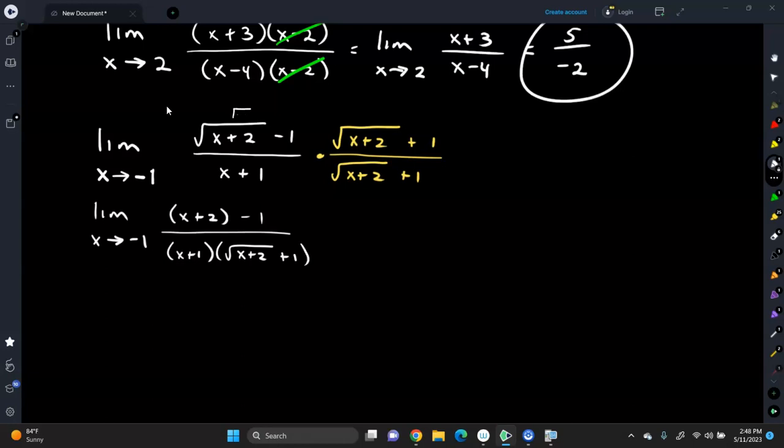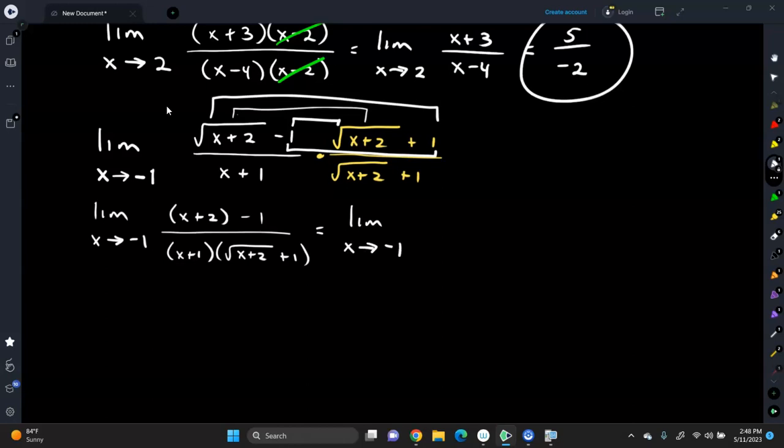So when I FOILed, remember what we talked about in the last video, right? Square root disappears. Here I get plus root x plus 2, and we get minus root x plus 2. And then we get minus 1. Okay, so this is the limit as x approaches negative 1 of x plus 1 over x plus 1 times the square root of x plus 2 plus 1.